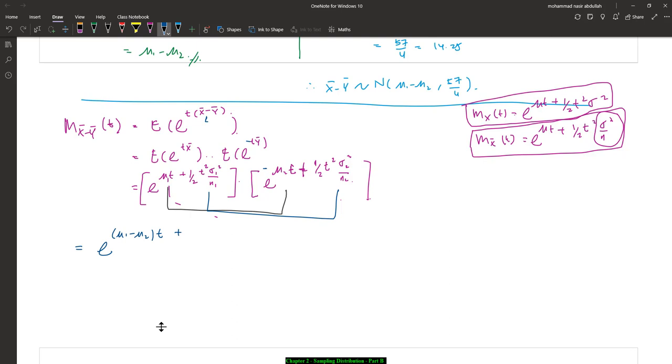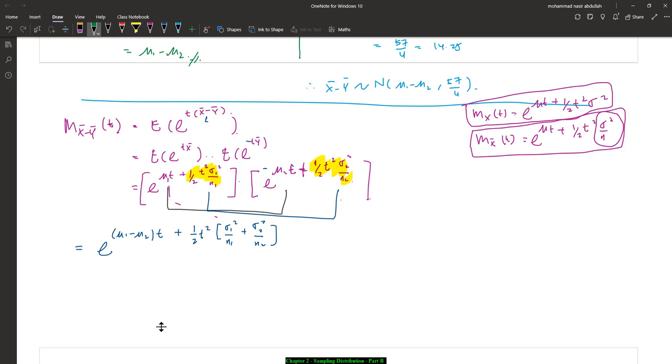Kita boleh combine dua lah, 1 over 2 t squared and then multiply with sigma 1 squared over n1 plus sigma 2 squared over n2. So bila you simplify kan, dia akan dapat macam tu lah. Bila ditambah dua ni kan, kita tambah kan this part and this part. So we take out 1 over 2 t outside kan. So tambah macam tu. Alright.